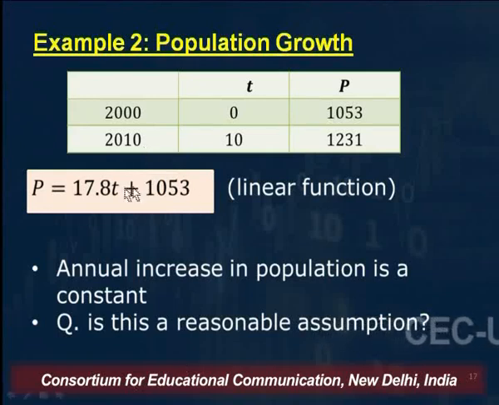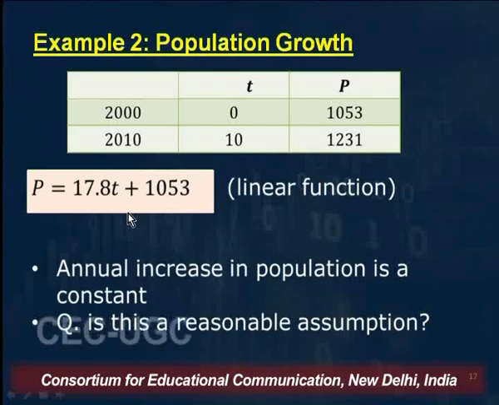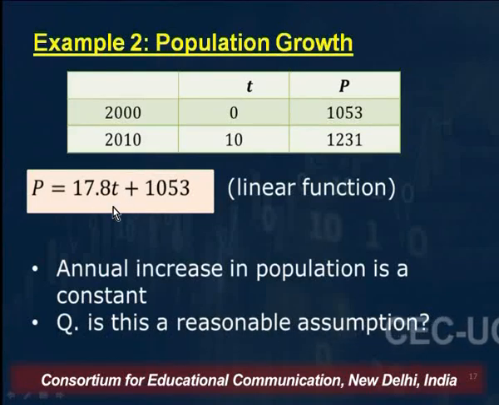Here we got the result for a linear function that p is equal to 17.8 times t plus 1053. That is to say that in every year, your population grows by 17.8 million, and that is reflected by the linear function here.